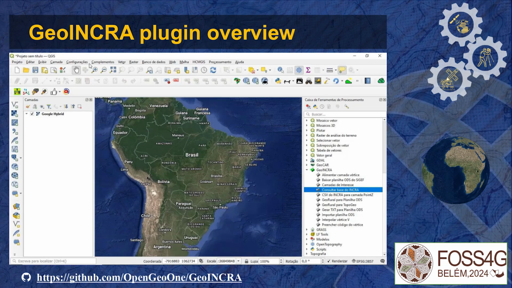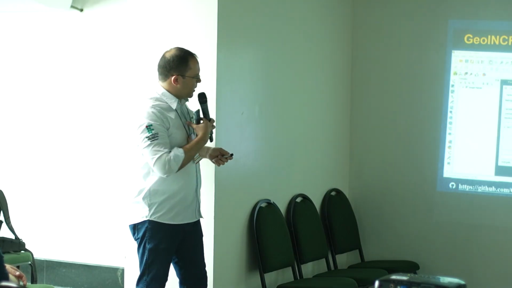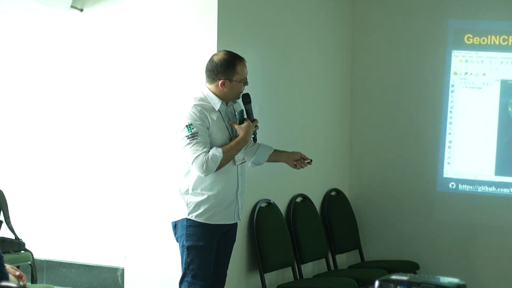Here you can see the plugin in the QGIS, named GeoIncra, so you can search for any rural property just by drawing a rectangle in the area in QGIS like this.